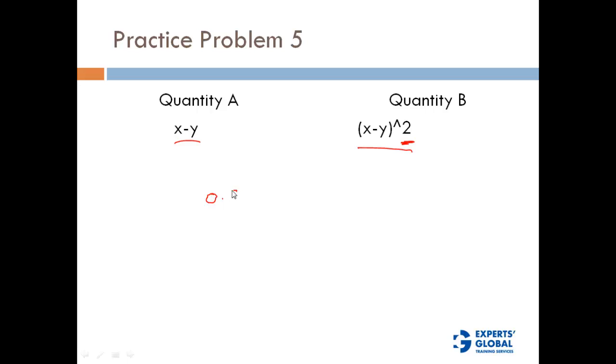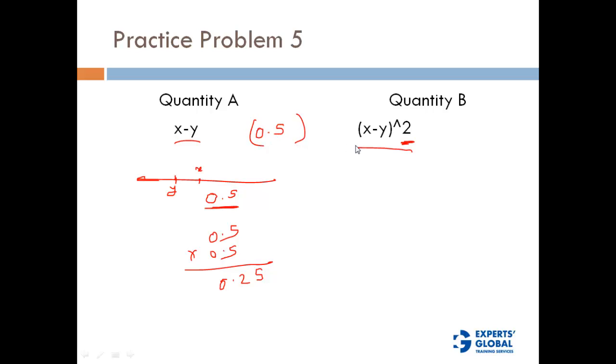If x minus y is 0.5, in the sense if y is here and x is here on a number line and the difference between them is only 0.5, then you will see that 0.5 into 0.5 is going to be 0.25. So x minus y is 0.5, x minus y raised to 2 is 0.25.